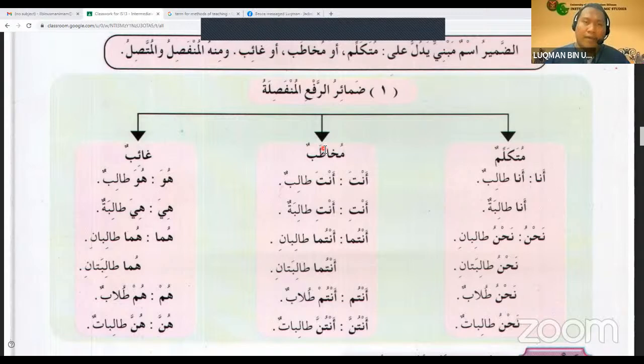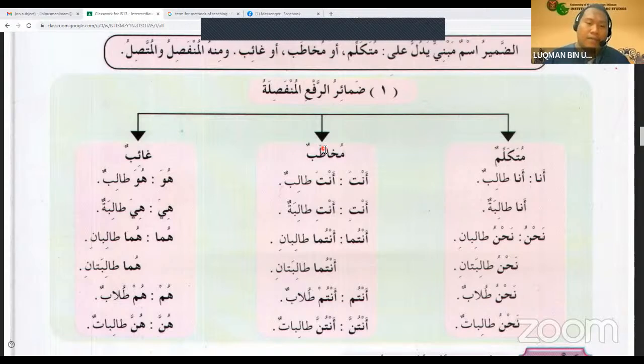So dalawang babae tapos isang lalaki, you should still use antum. Then antunna na special siya, pang tatlo o pataas na babae. Second person. So 1 2 3 4 5 6 7. So we have 7 now.